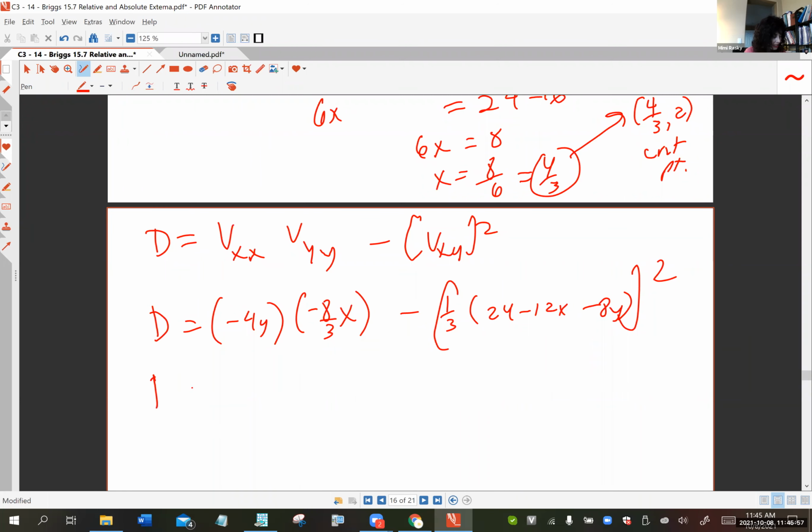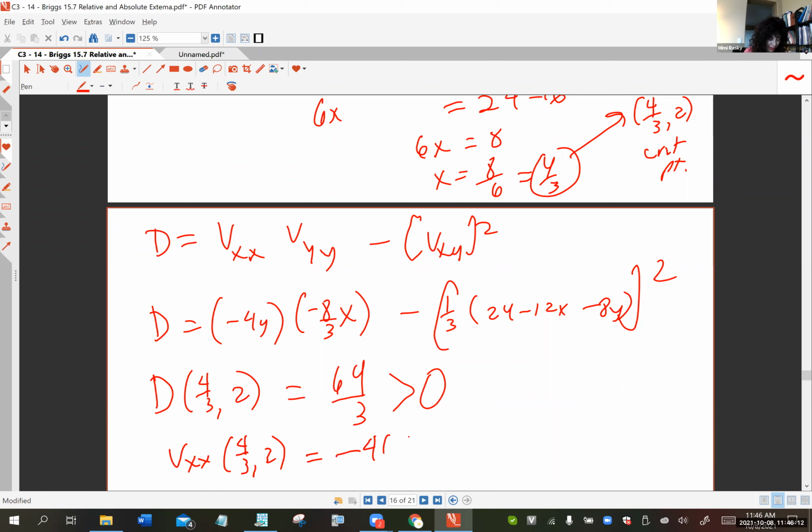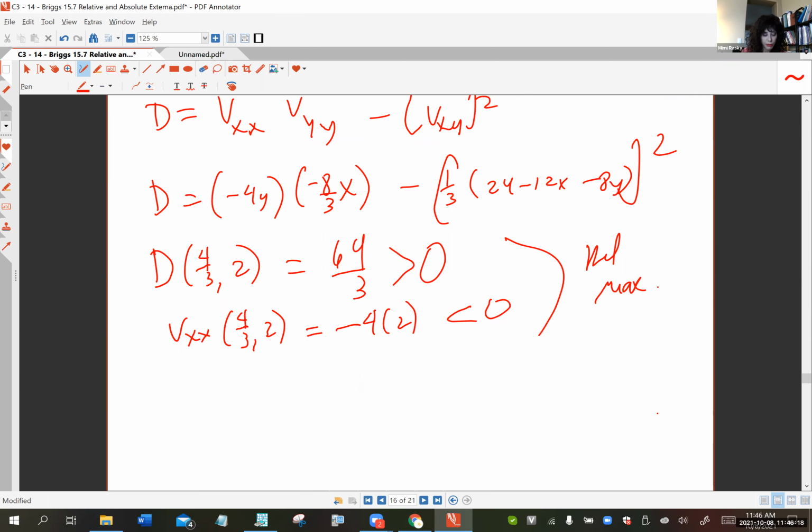When you evaluate D at this critical point, (4/3, 2), I'll just cut to it. I get something positive, 64/3, which is good. And then Vxx evaluated at (4/3, 2) is a negative number. So I do indeed have a relative max, which is what I wanted. I wanted to maximize my volume.